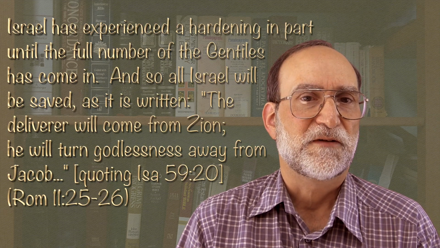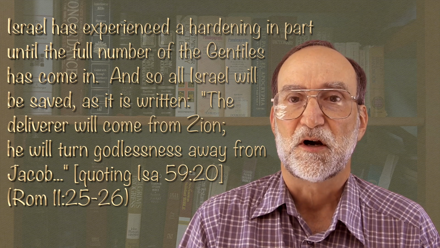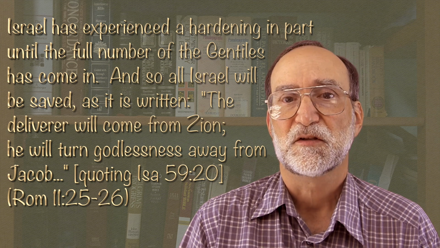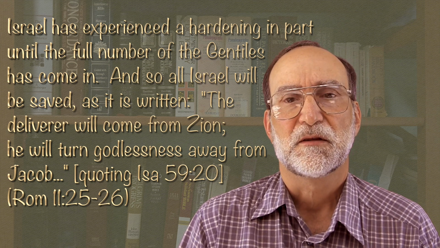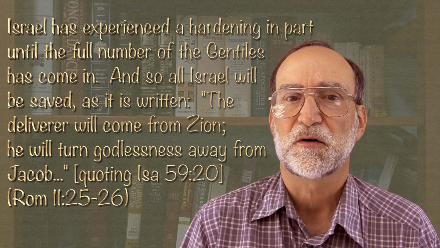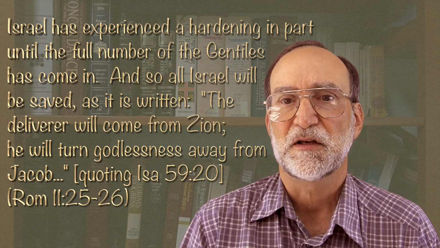Romans 11:25 through 26 says, Israel has experienced a hardening in part until the full number of the Gentiles has come in. And so all Israel will be saved. As it is written, the deliverer will come from Zion. He will turn godlessness away from Jacob, quoting Isaiah 59:20.